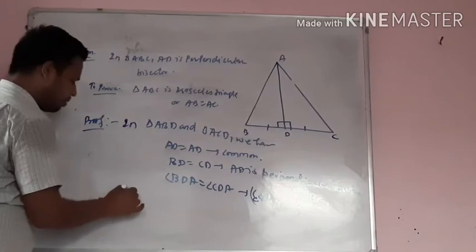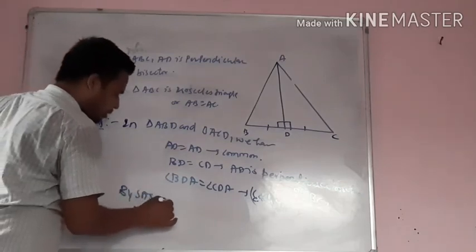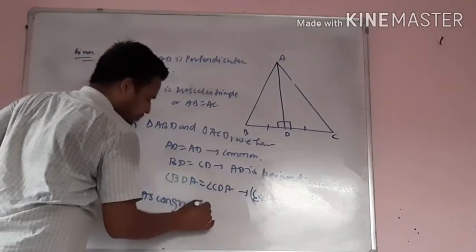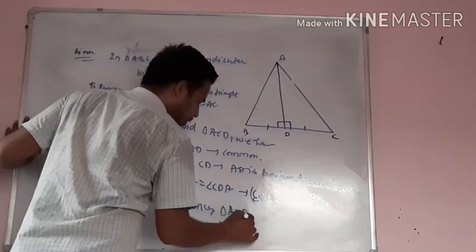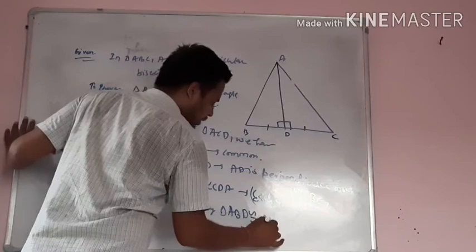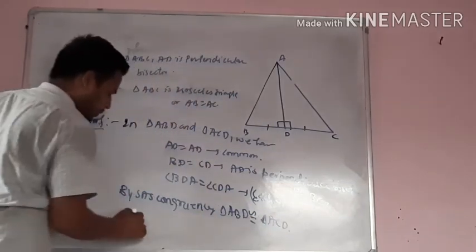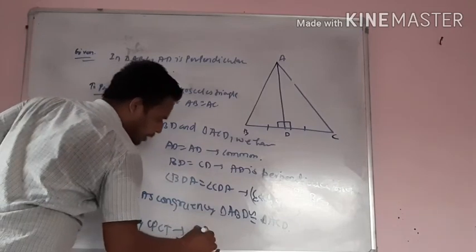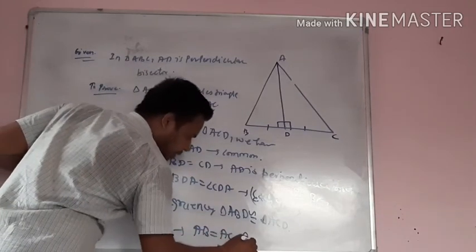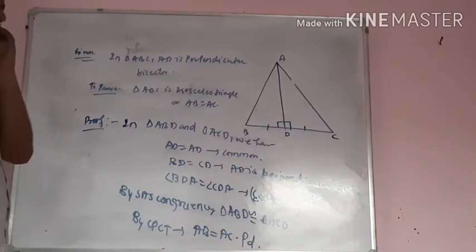By SAS congruency, triangle ABD is congruent to triangle ACD. By CPCT, AB equals AC. Proved. Thank you. Have a nice day.